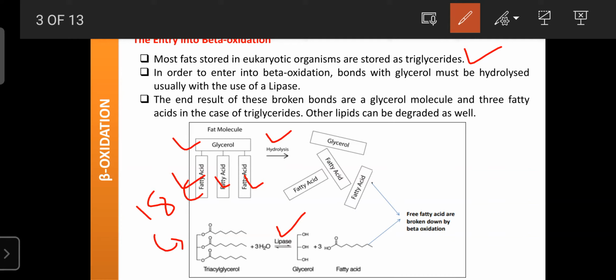So the fatty acid oxidation is completed in 8 cycles, because in each cycle two carbon atoms are removed in the form of acetyl CoA.